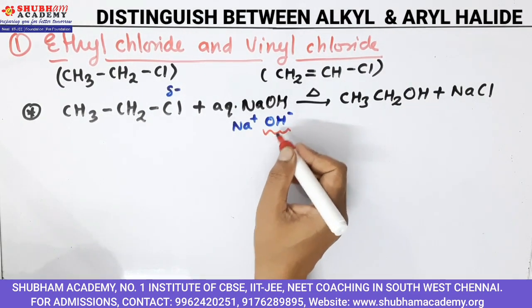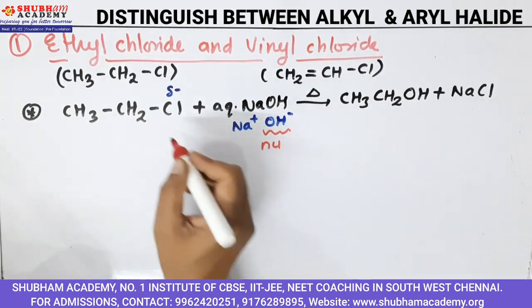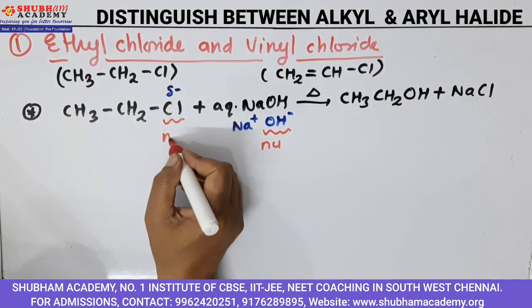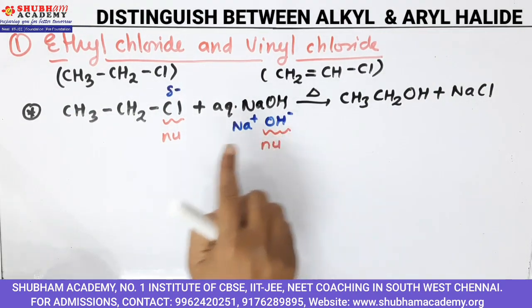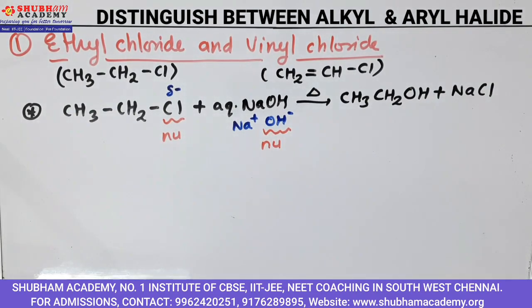One is OH minus and other is Cl minus, right. Now since OH minus is a stronger nucleophile than Cl minus, so OH minus can easily replace or substitute Cl minus. So your product will be ethanol and NaCl, right.